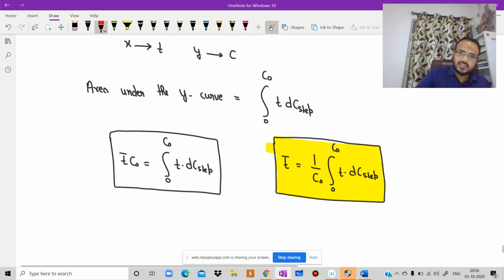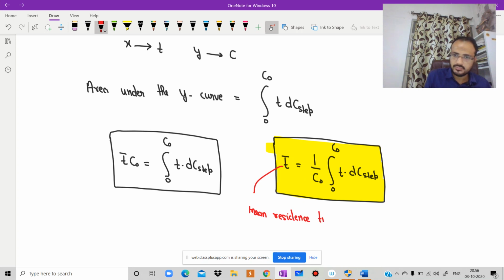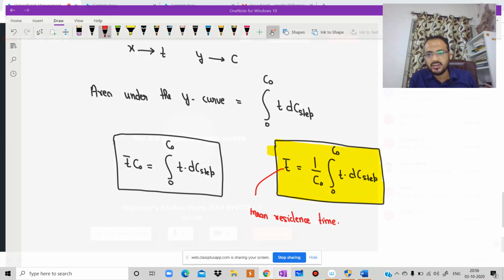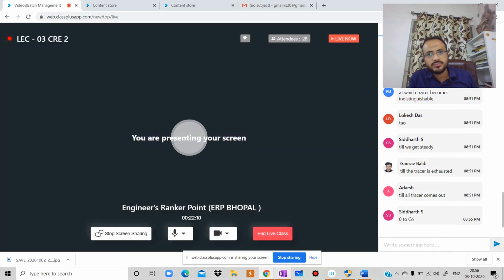Now you will get this time, which is nothing but the mean residence time. Mean residence time. I hope there is no doubt up to this point. Is it clear to each and every student? Yes or no? Is it clear? Very good.